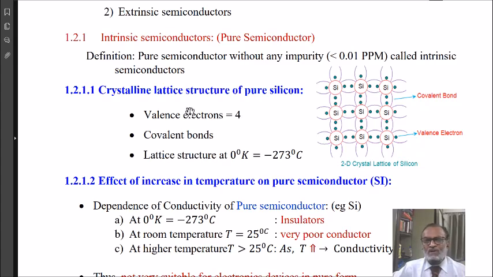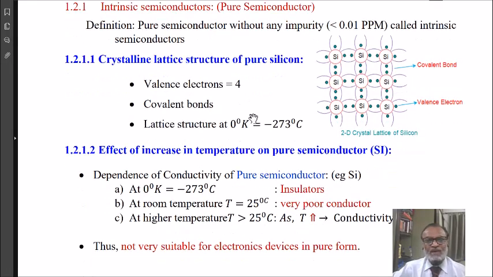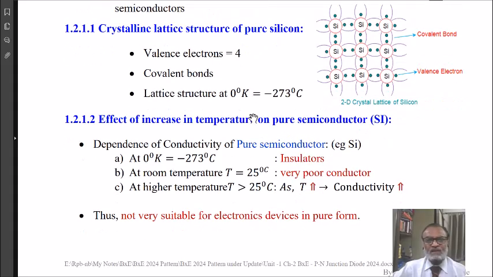And therefore, there is no electron available in the conduction band of the semiconductor. And therefore, pure semiconductor has no conductivity at 0 degree Kelvin, that is at minus 273 degrees centigrade, and it behaves like an insulator.